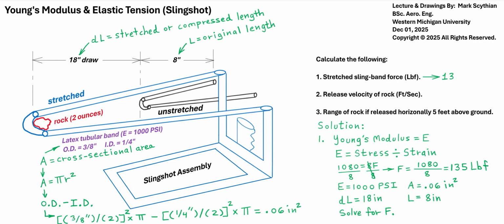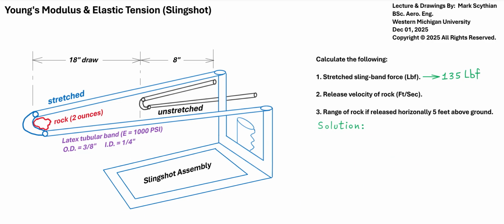So that would be a really aggressive slingshot band. If you're able to pull 135 pounds of force, you may have a high performance slingshot.